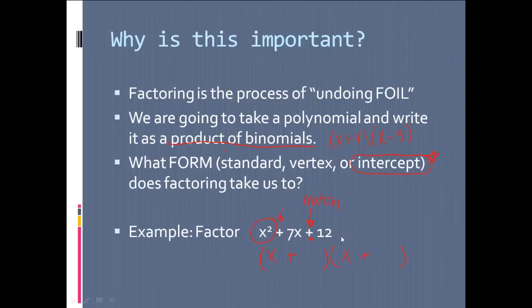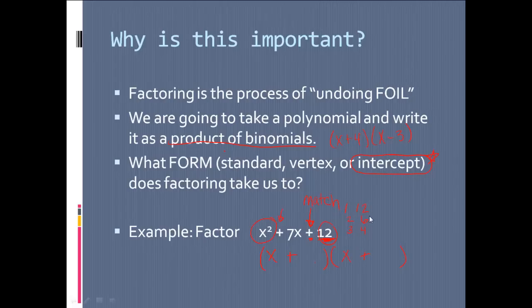Then the next thing I want to look at is the 12. I want to think about what things I can multiply together to get 12, because from the previous slide, we know that this term is the product of whatever numbers we have in here. So the things I can multiply together to get 12 are 1 and 12, 2 and 6, 3 and 4. I'm always going to list them so I can see what they are.